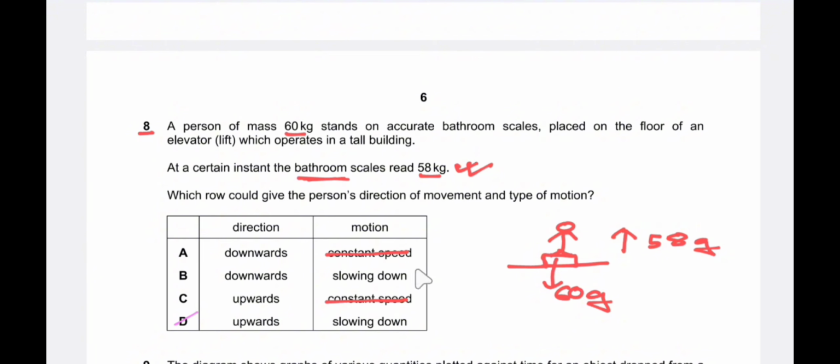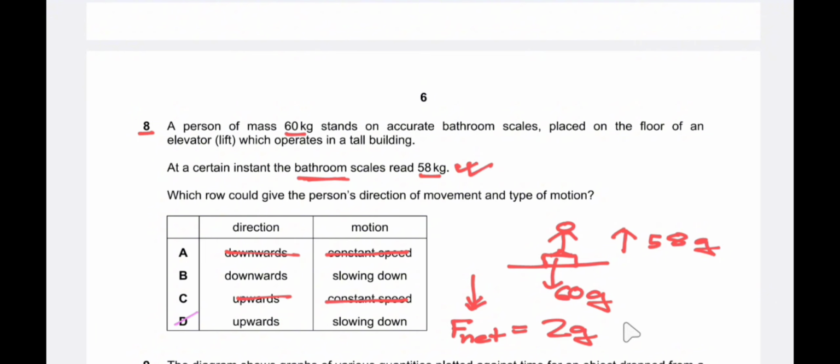Constant speed only occurs if the resultant force is zero. But here the resultant force of 2 newton is acting downward, that is F net of 2 newton. Since there is some resultant force, he is not moving at a constant speed. That's why A and C are wrong.